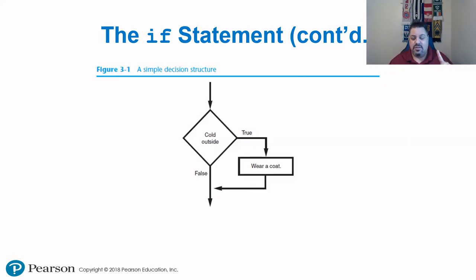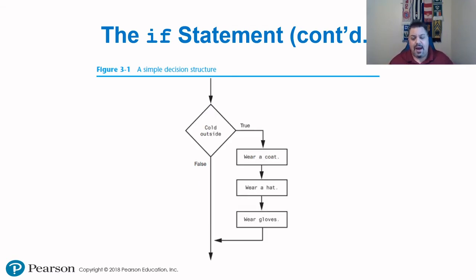It's just saying that there's a single choice, true or nothing, basically, because false would basically mean nothing. So your alternative, if it's true, is to go off the separate path. Now that path could have more than one statement. Cold outside? If it's true, then wear a coat, wear a hat, and wear gloves. If not, you're skipping all those and continuing on. But you do those 3 steps, and then you can go back to where you were.